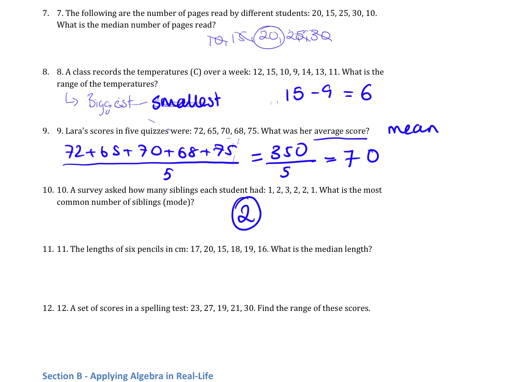Good. So the lengths of 6 pencils in centimetres are 17, 20, 15, 18, 19 and 16. What's the median length? Right, tell me what to do. Put them in order, smallest to biggest. 15, 16, 17, 18, 19, 20.